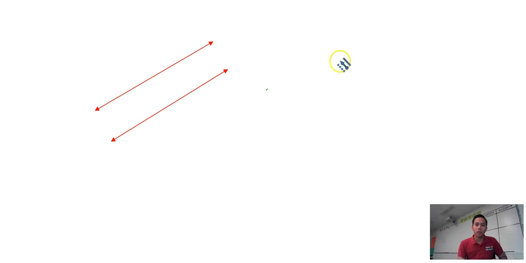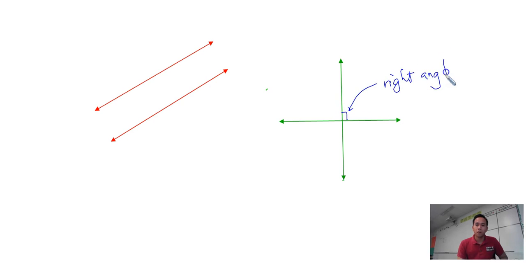While for perpendicular lines, say that's a line here, and then I draw another one here. Again, two lines are said to be perpendicular if they form a 90-degree angle here. So that is a right angle. That's the difference between parallel and perpendicular.